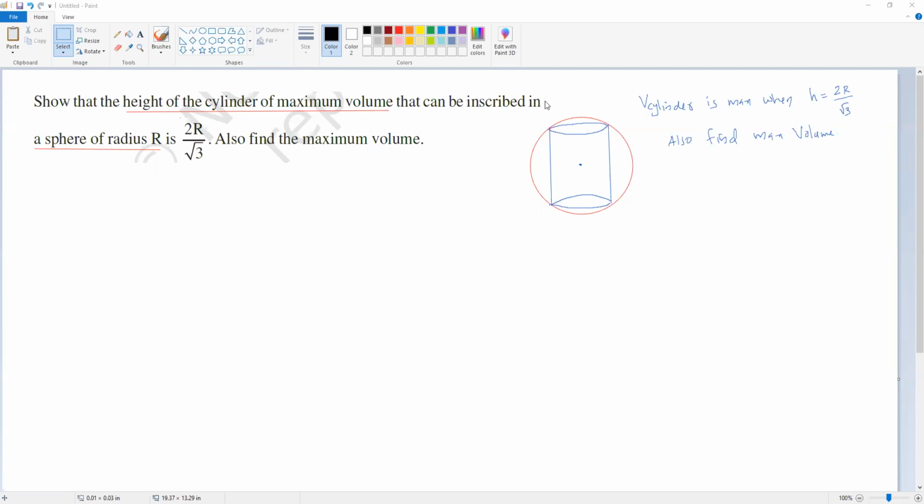So हम ऐसे कर सकते हैं. You can take the height of the cylinder equal to h, and we can take the diameter of the base as x.